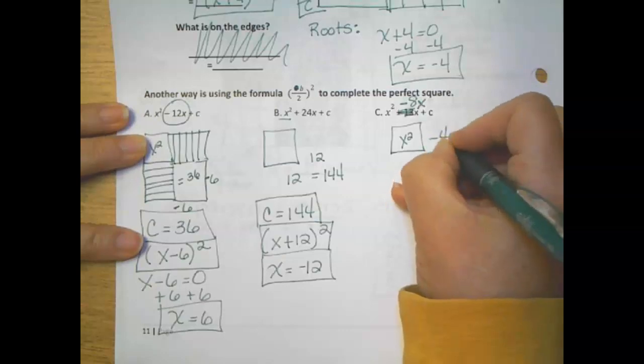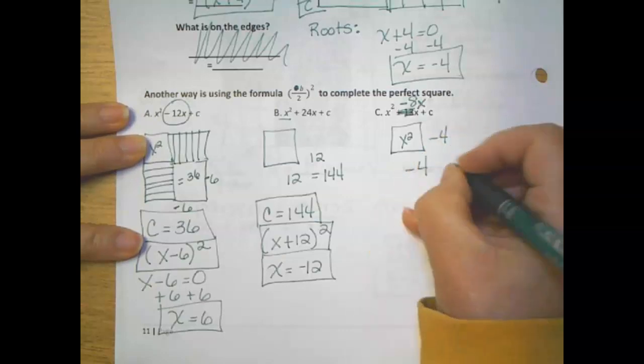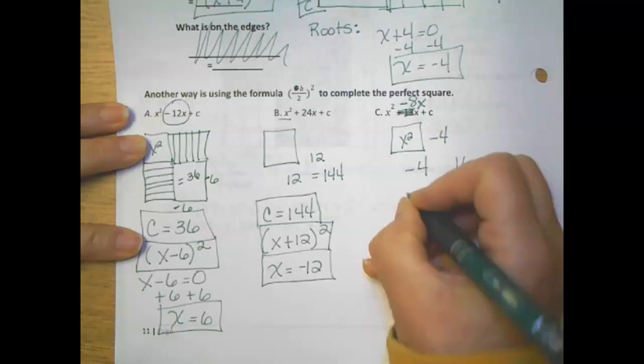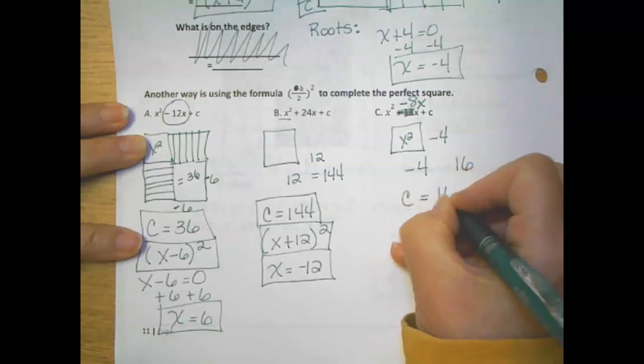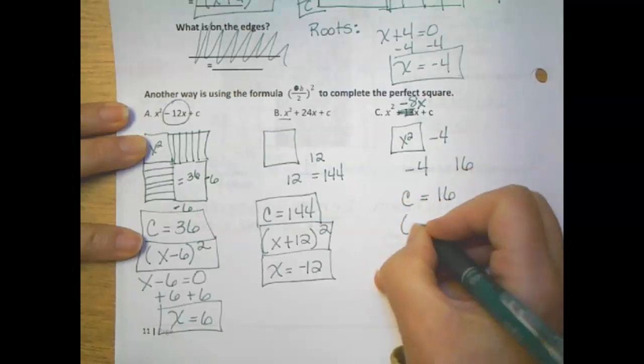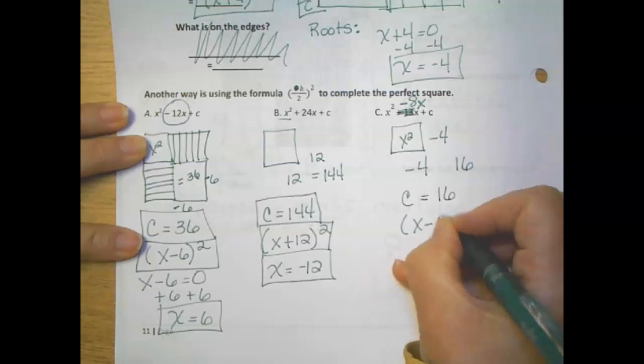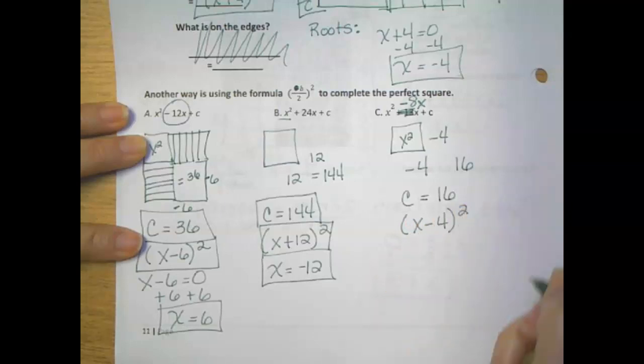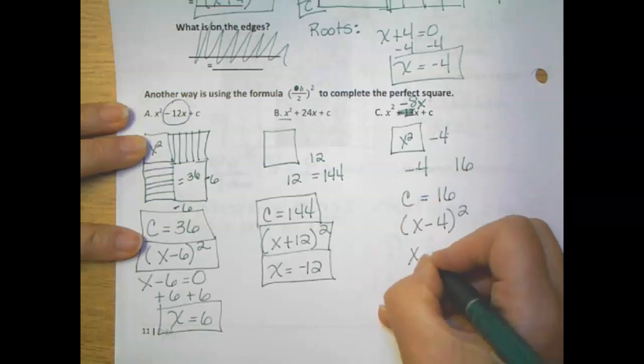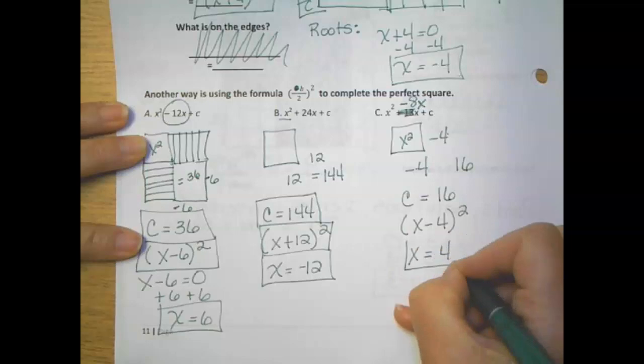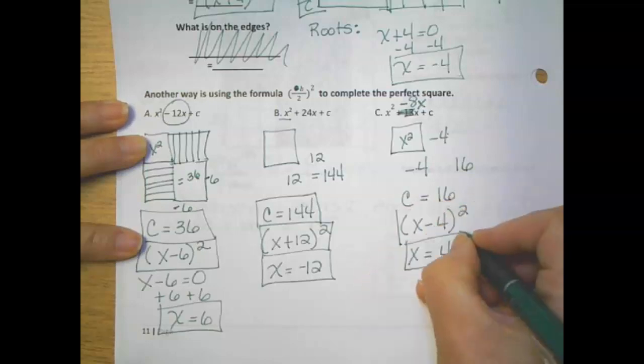So negative 4 times negative 4, which would give us a positive 16. So c equals 16. Our equations would be x minus 4 squared, because there's two of them, this side and this side. And then x equals a positive 4 because it's the opposite.